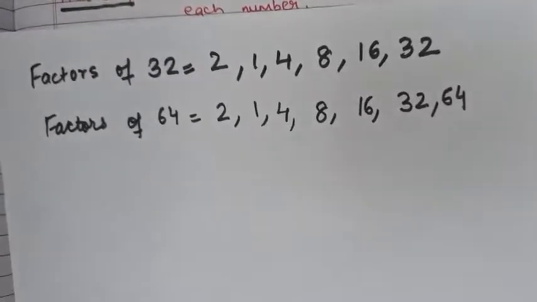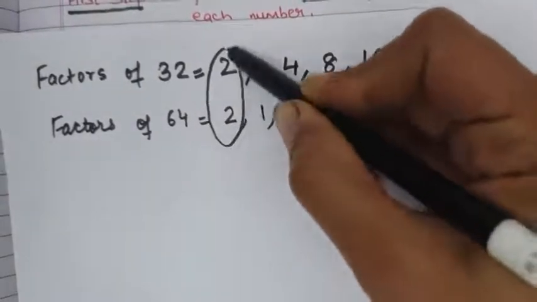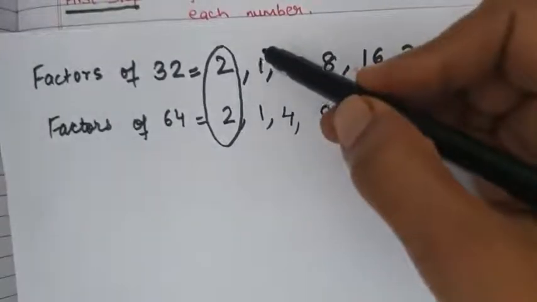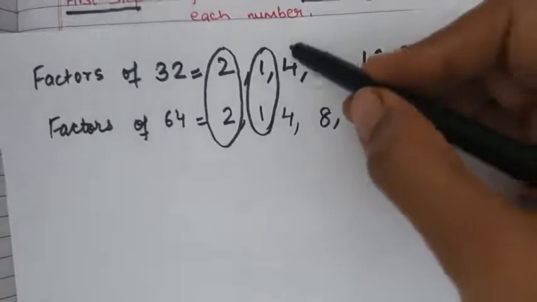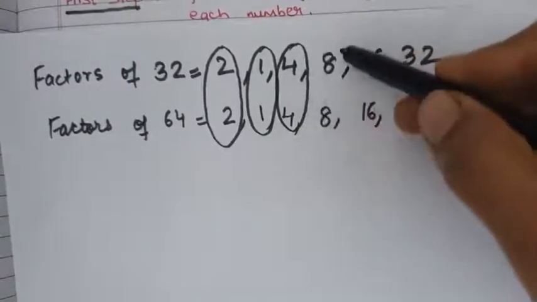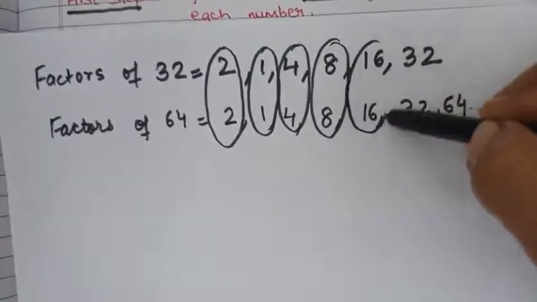Now circle the common factors first. This is common. This is common. This is common. This is also common. Then 16 is common.